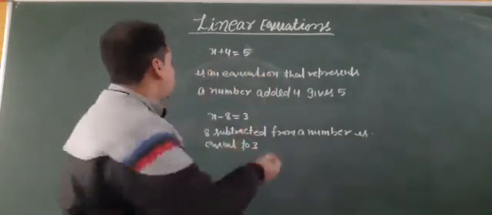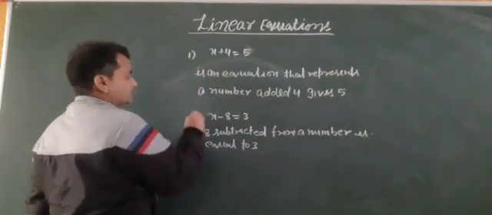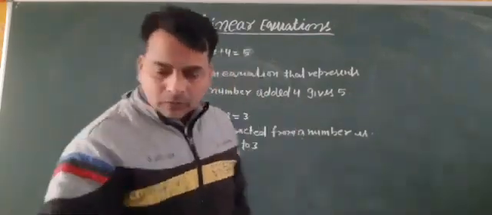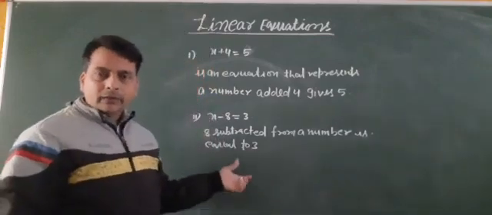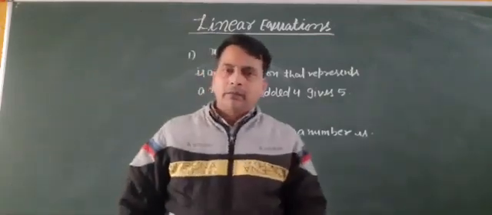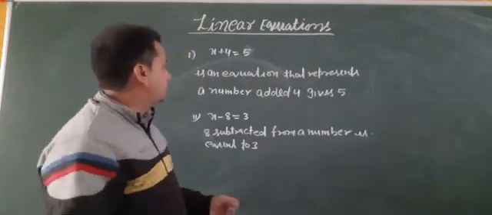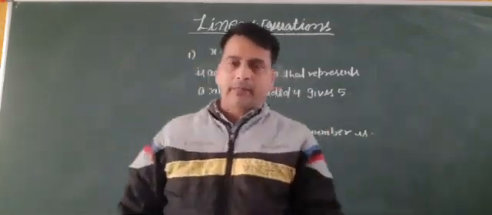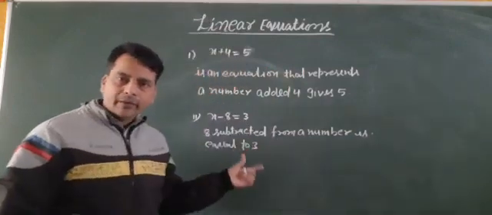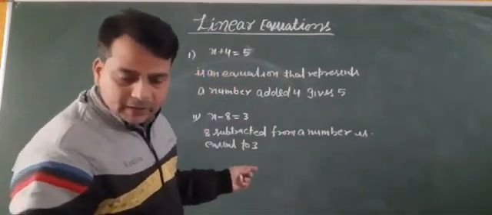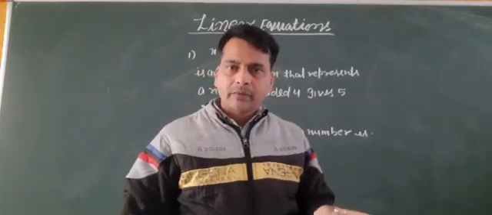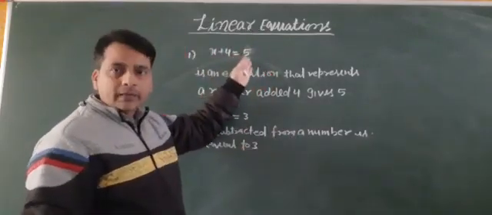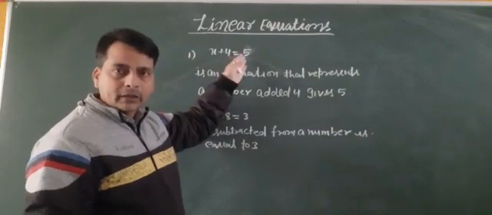So both examples can be expressed in the form of an equation: x plus 4 equal to 5, and second, x minus 8 equal to 3. According to the definition, an equation is a statement which involves one or more literals of a number. So x plus 4 equal to 5 is an equation.